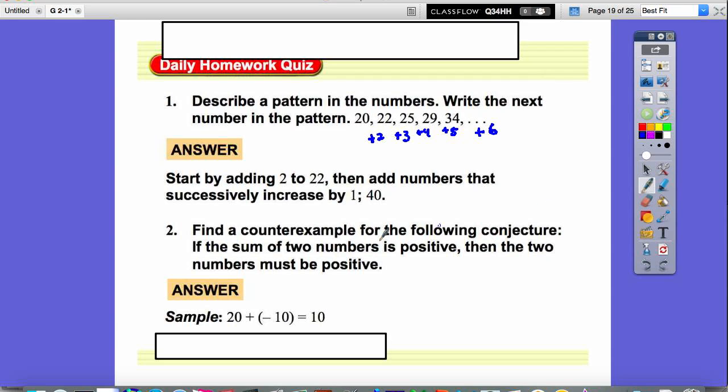In this case, we found two numbers where one was positive and one was negative, and they made a positive, so the two numbers must be positive. You can actually take a positive and a negative number, add them together, and get a positive. So that's a counterexample. That proves that they don't always both have to be positive.